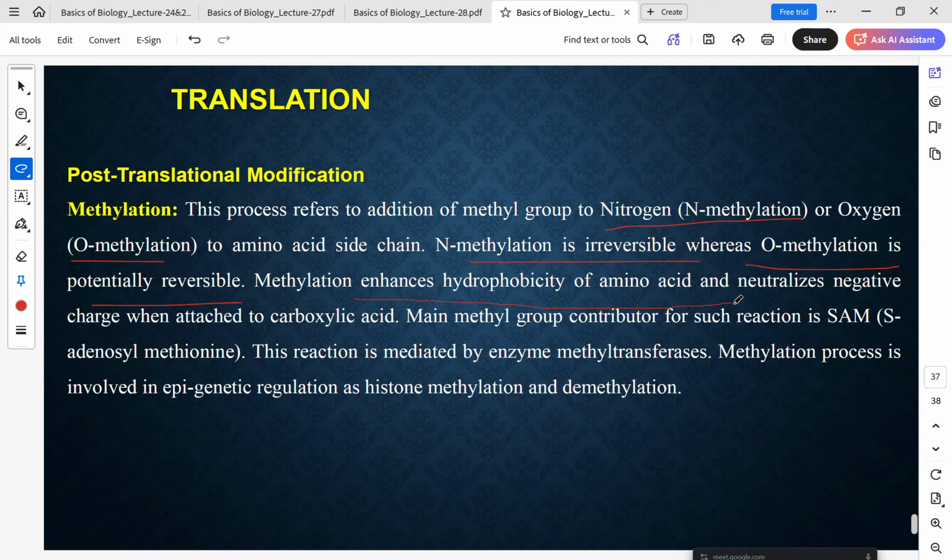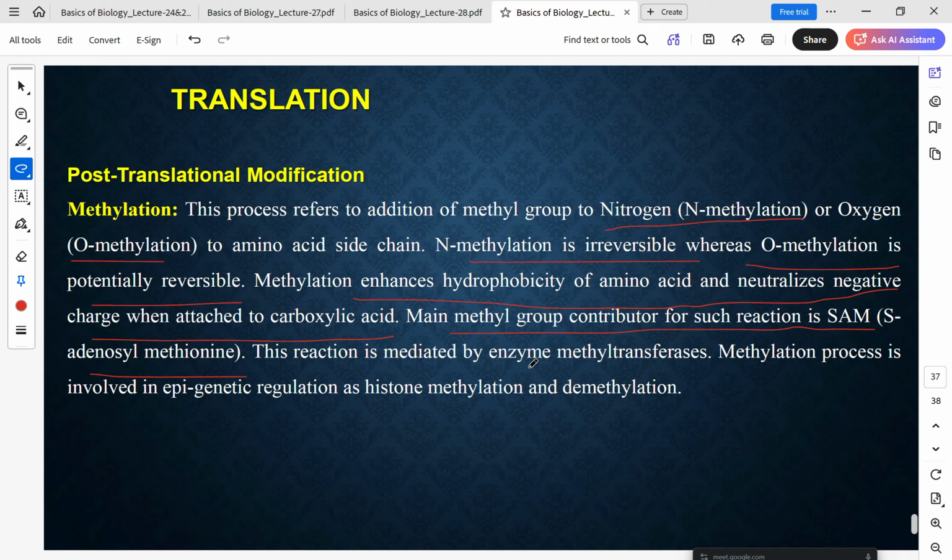Methylation enhances the hydrophobicity of amino acids and neutralizes negative charge attached to the carboxylic acid. The main methyl group contributor is SAM, or S-adenosylmethionine. This also is true for mRNA processing. SAM is also the major methyl contributor in that case.